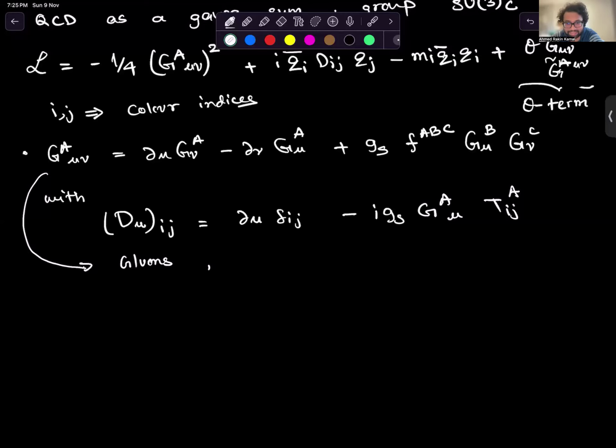And of course, A is an SU3 index, where the generators of SU3 are now 3 cross 3 matrices. These are called the Gell-Mann matrices.